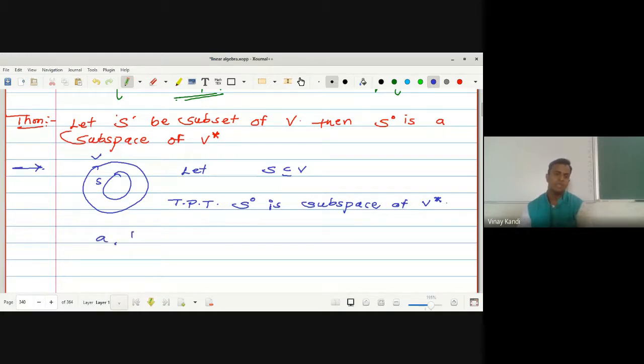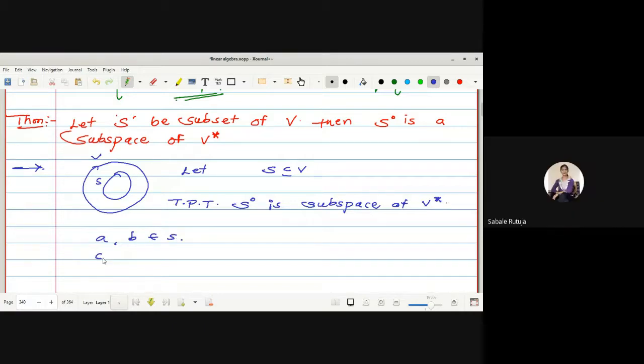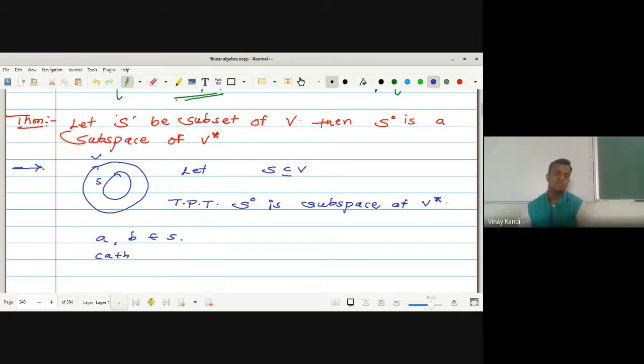If A and B belong to S, then C A plus B belongs to S. Is it correct?